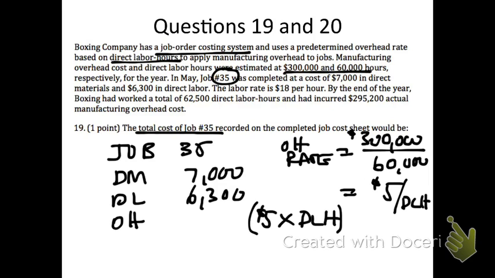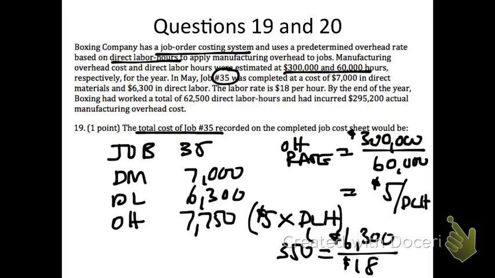Except we don't know our direct labor hours, but we can determine it because our labor cost is 6,300, and our actual labor rate was $18. And so this gives us the fact that we had 350 direct labor hours. So 5 times 350 hours, 1,750. So our total job cost was $15,050.